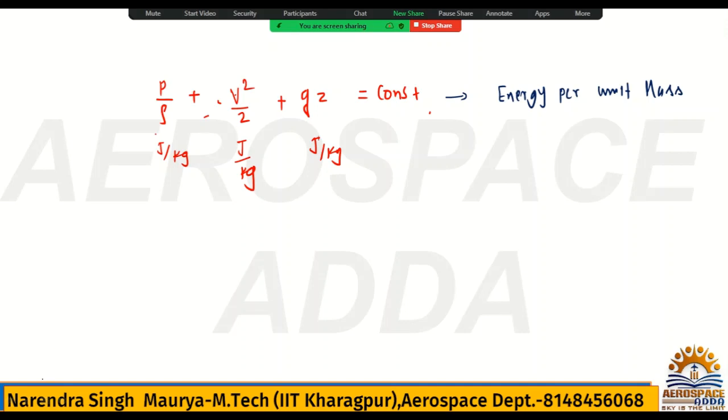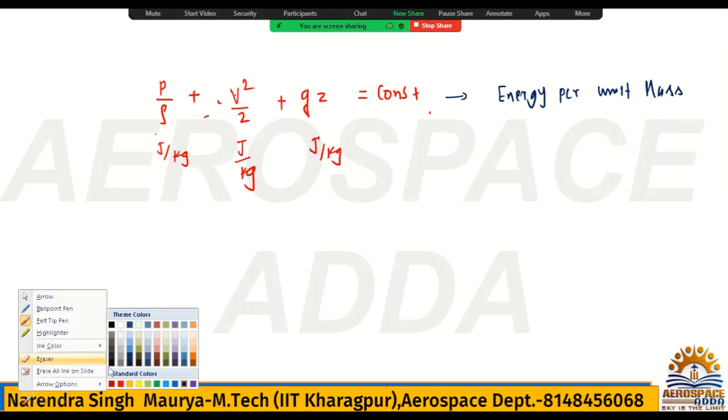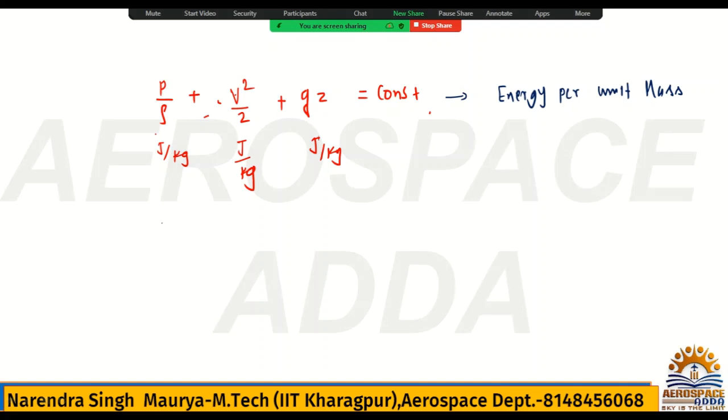Similarly, the same equation I can write as P by rho g plus v square by 2g plus z equals constant, because the right side is constant, so we can divide by g throughout the equation. This is also the Bernoulli equation.